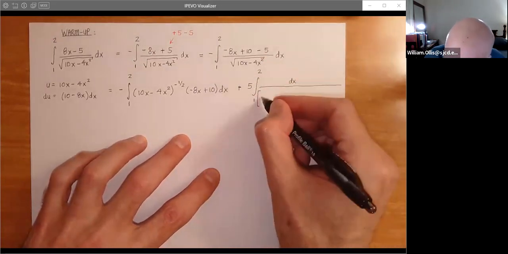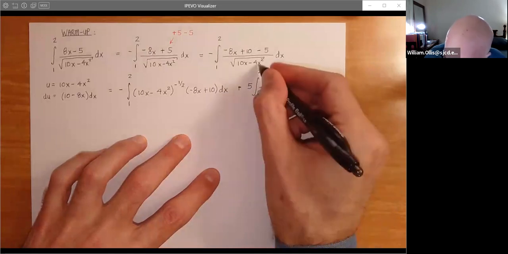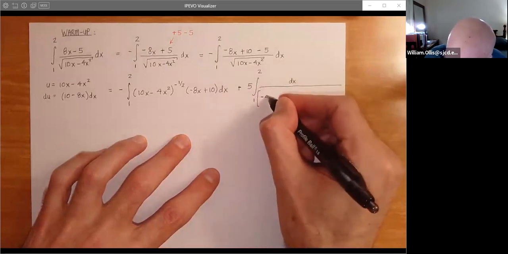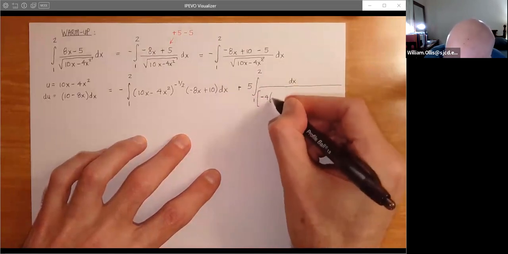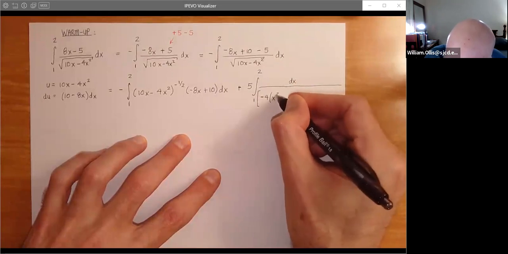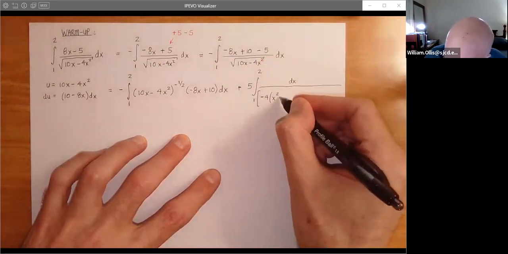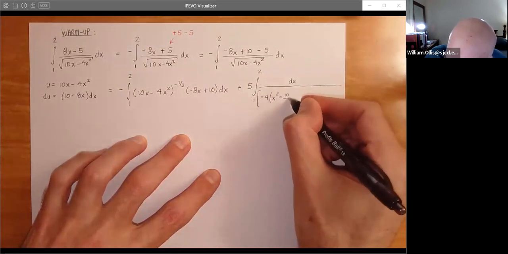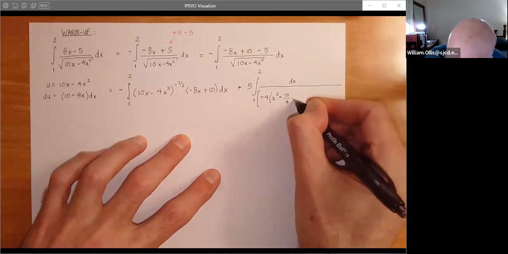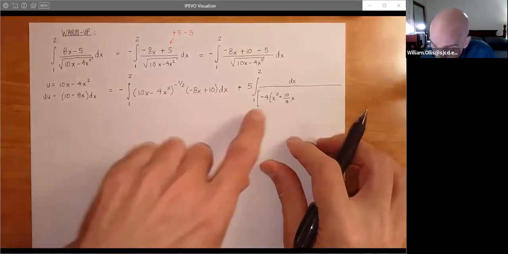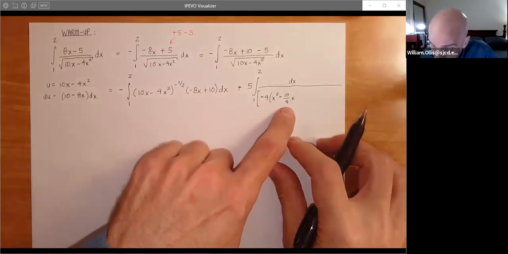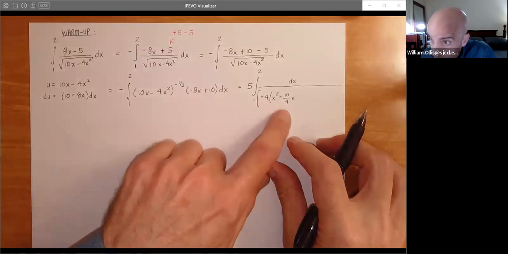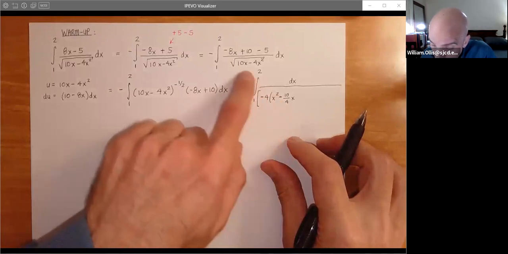And so now we can factor out a negative to make this monic, a negative 4 x squared. And then we have the minus 10 over 4 x. So notice when we do the negative times the negative, that will absorb the 4s, and then we get the positive 10x.